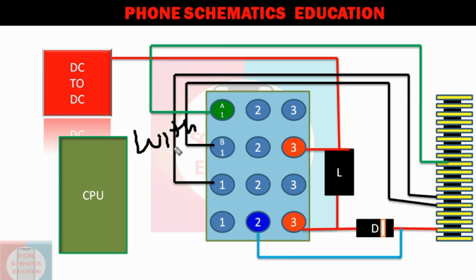If your hand skill is not good enough, there is a chance of damaging the CPU. For this, there is another trick. Without touching the CPU, you can repair these lines.